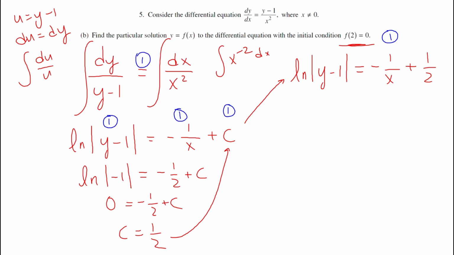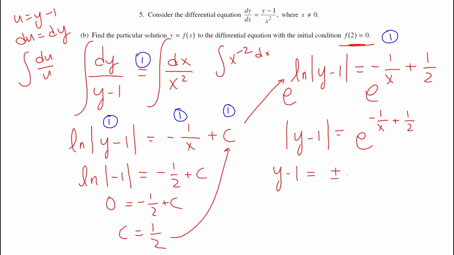Now we're just going to exponentiate both sides of this to clear off the natural log. So we get the absolute value of y minus 1 is equal to e to the negative 1 over x plus 1/2. We'll clear off the absolute value by just putting in a plus or a minus here, which will then immediately figure out which one we want.